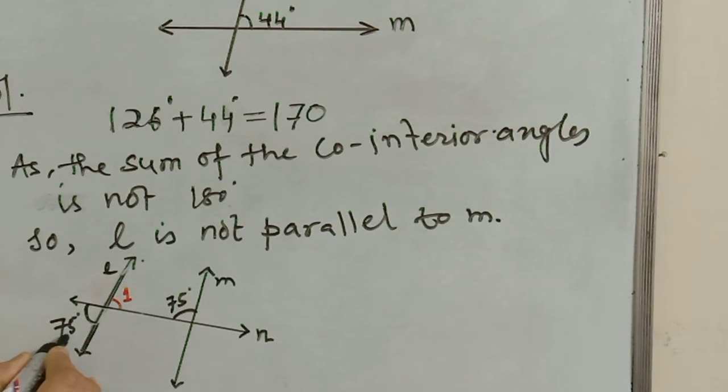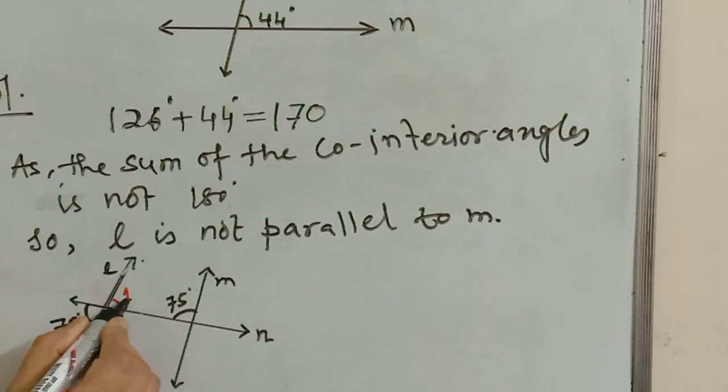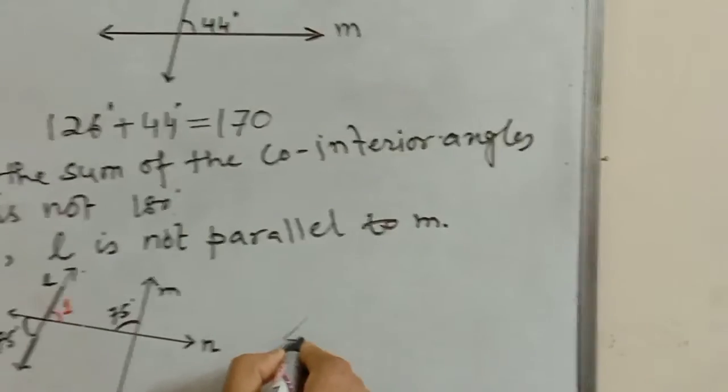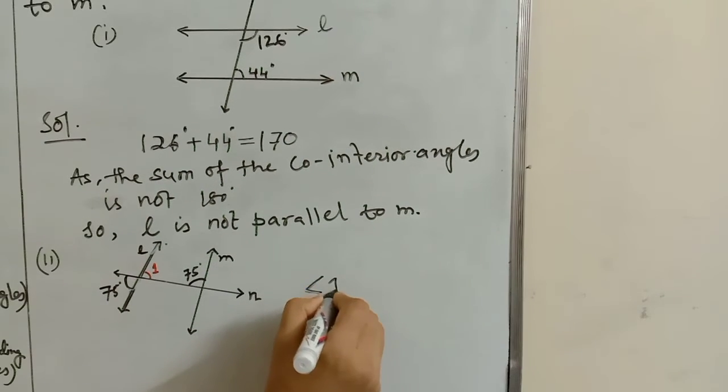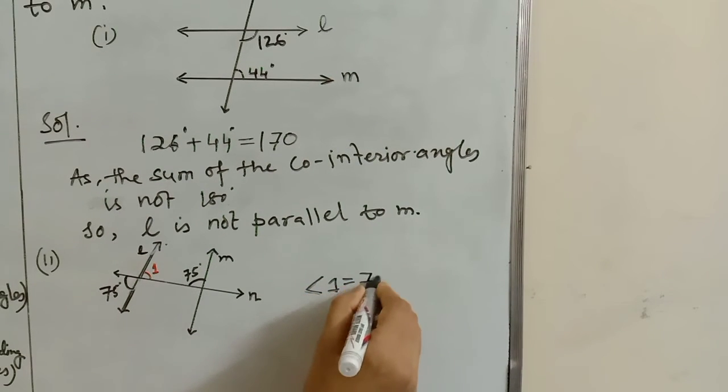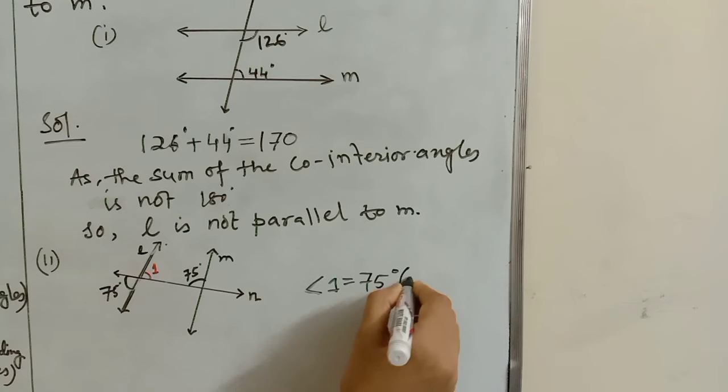So can we mark one angle here, which is the vertically opposite angle? Before writing that it is a vertically opposite angle, just mark 1. You mark the angle 1 here, then you will write angle 1 is equal to 75 degrees, reason: vertically opposite angle.